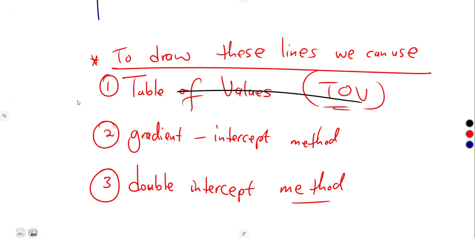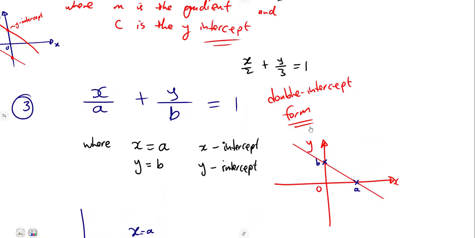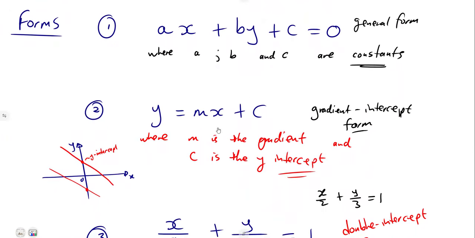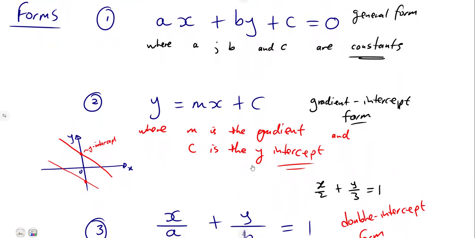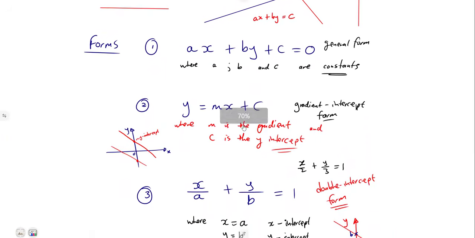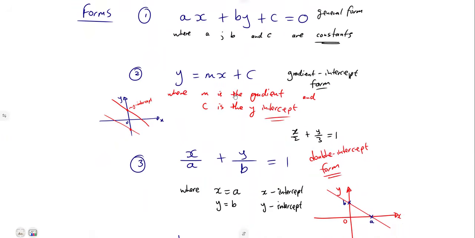So in our case, we're going to focus on the table of values method to draw any straight line given these formats that we had before. We need to draw or to plot a straight line.